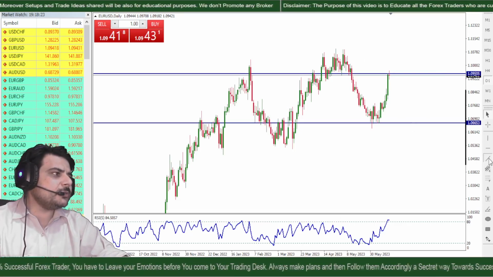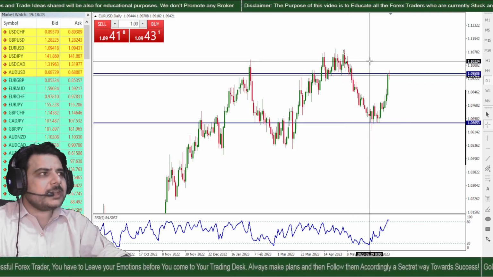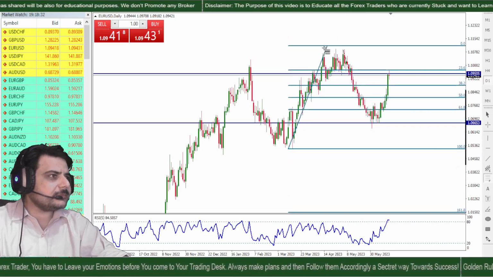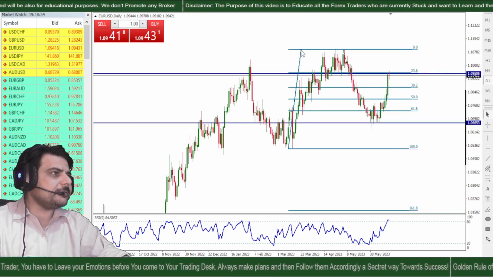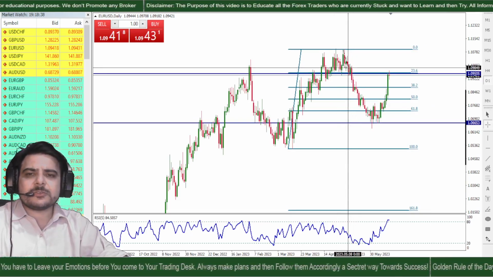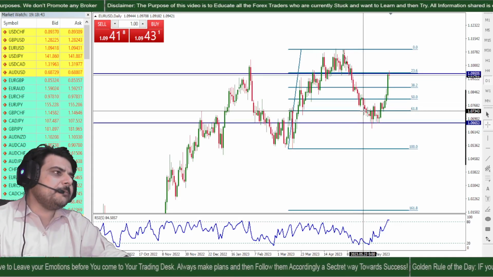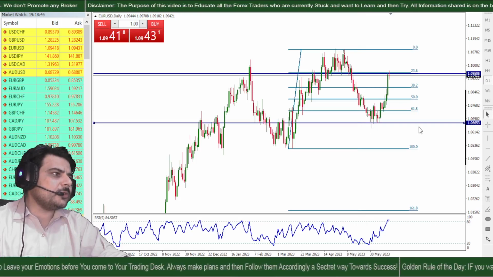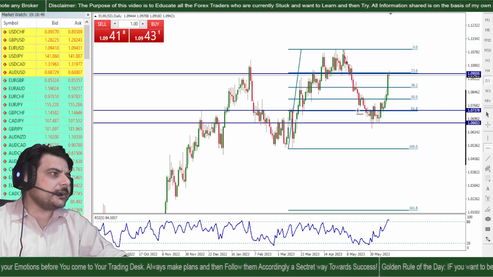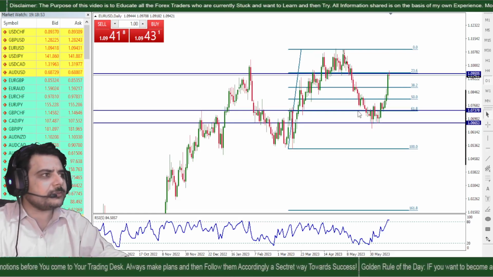When the price was right here, you may know that I indicated a drop, and then right here, price was somewhere in the start of May last month, and I clearly mentioned that this is my zone. Originally the price came down till here, but my zone was right here, 1.07378. You can check my previous videos.